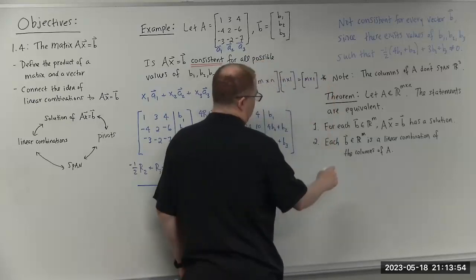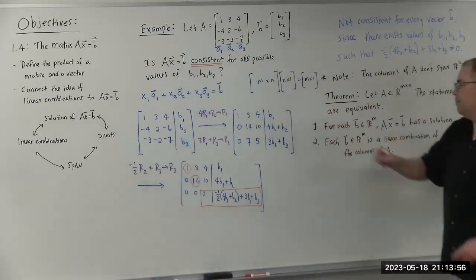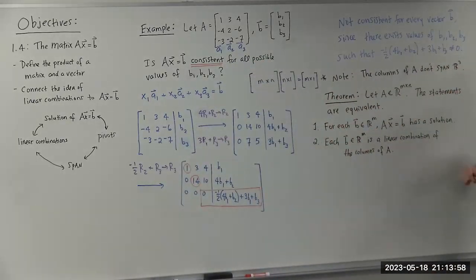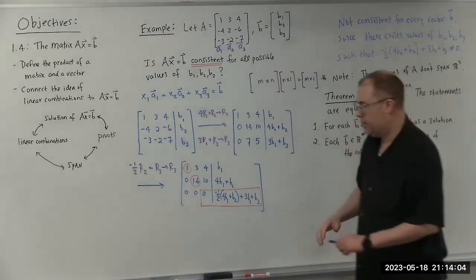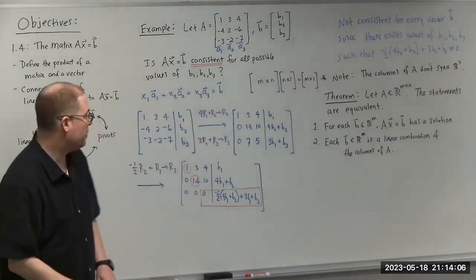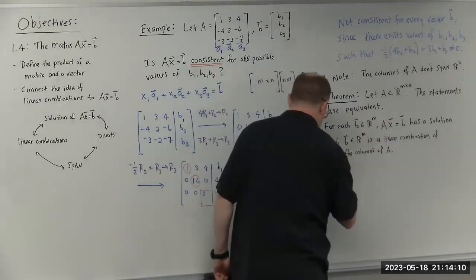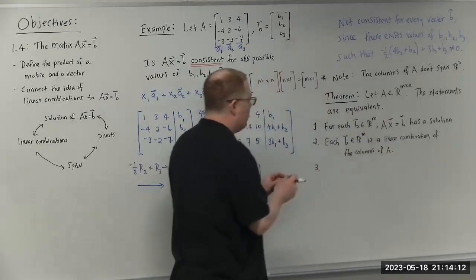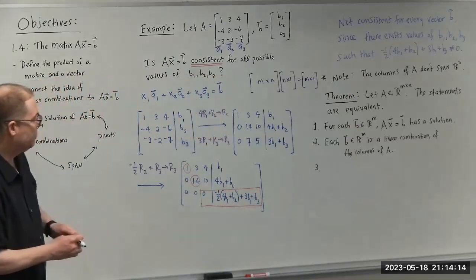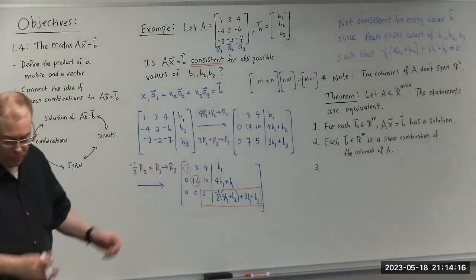So B belongs to R of M. If this has a solution, then that vector B is a linear combination of the columns of A. That's exactly what we talked about earlier. This is a nice summary in the form of a theorem.